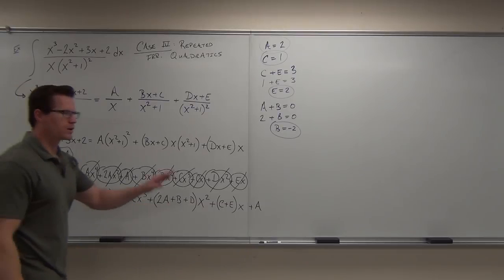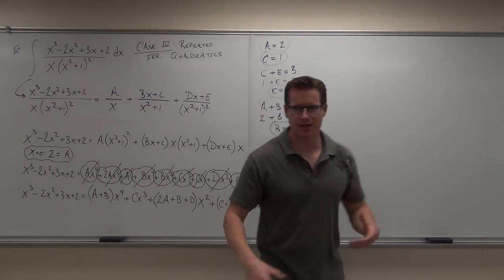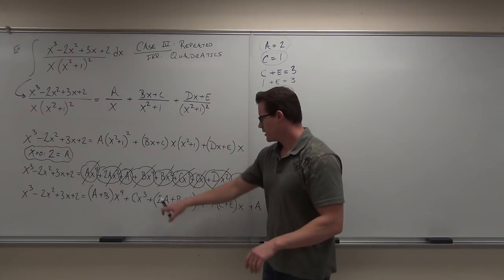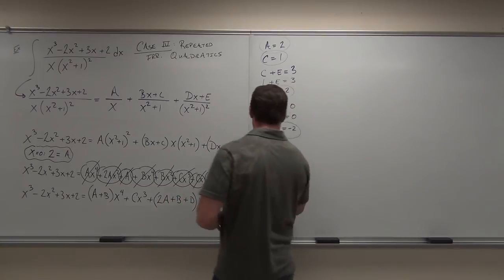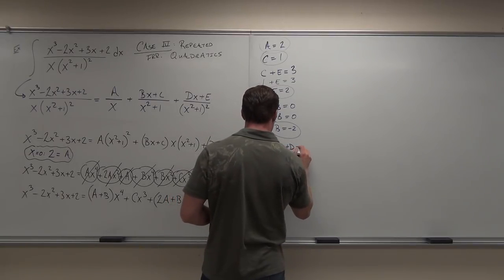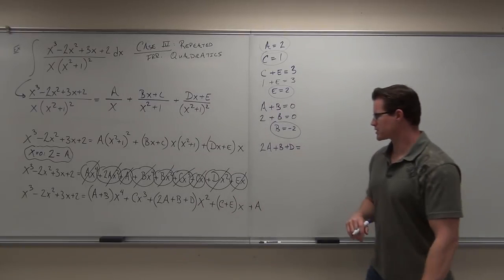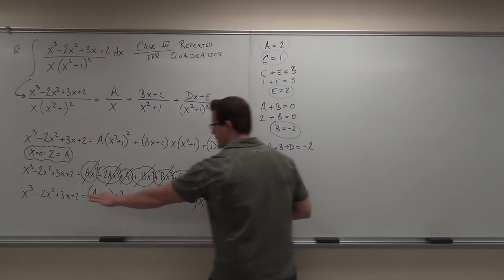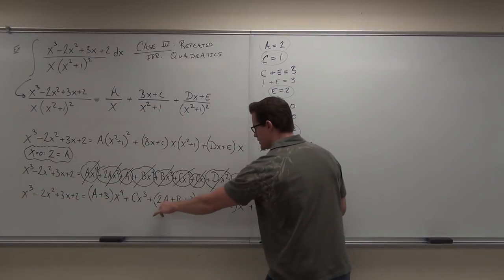One last one. I left the longest one for last, not first, because I wouldn't know how to do it, right? I left this one for last, so I'm doing easy to hard. How much is 2A plus B plus D equal to? Why don't you tell me? 2A plus B. Negative 2. Perfect. So x squared, coefficient is negative 2, coefficient here is this whole thing.